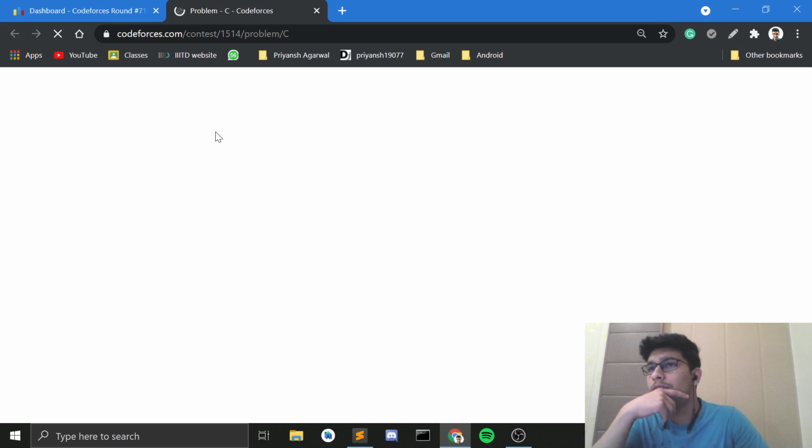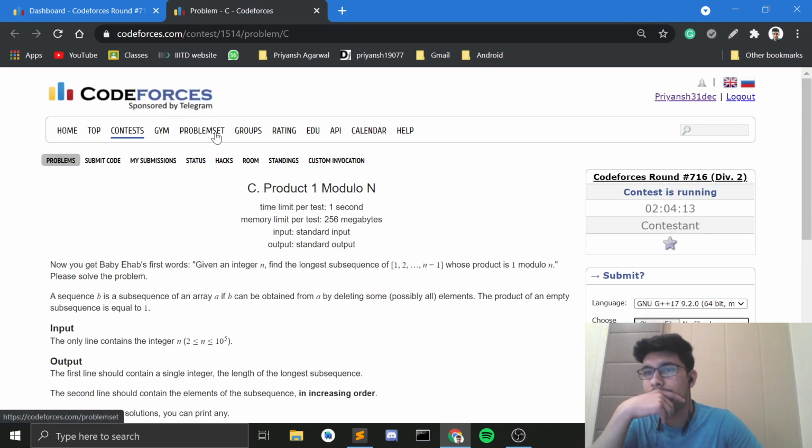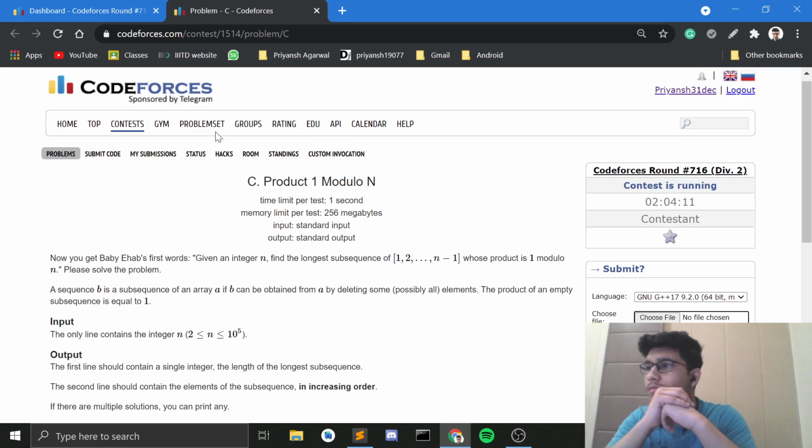Product 1 modulo n. Find the longest subsequence of 1, 2, and so on up till n minus 1 whose product is 1 modulo n.